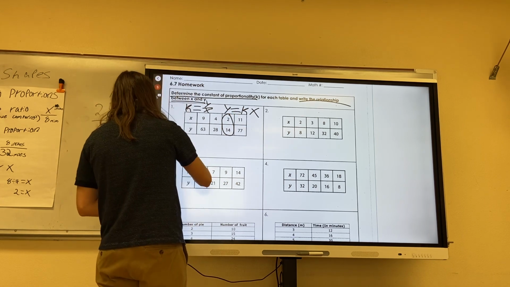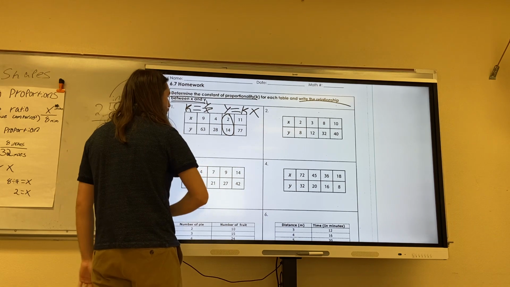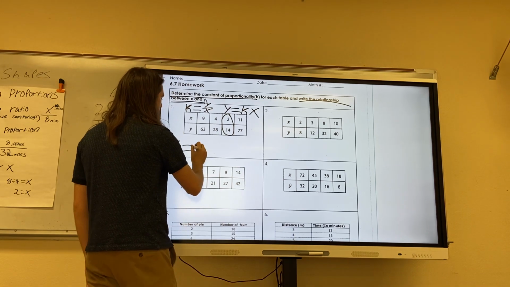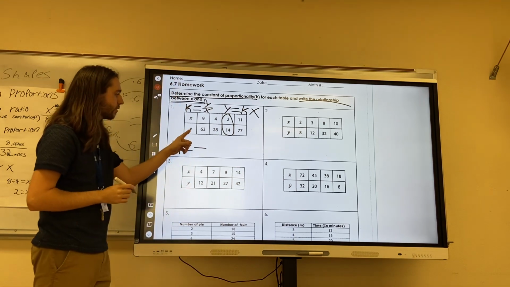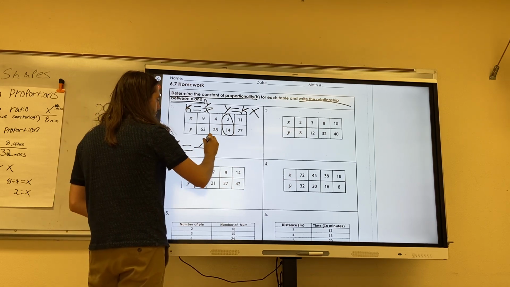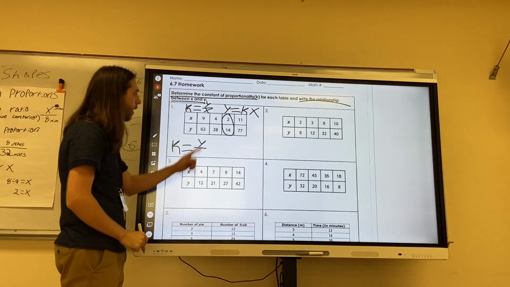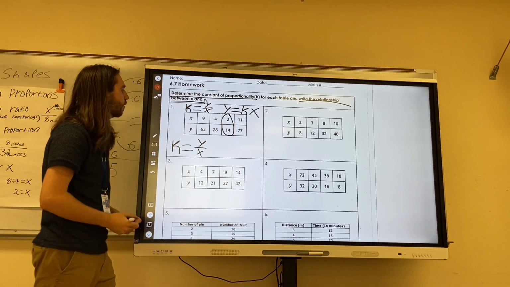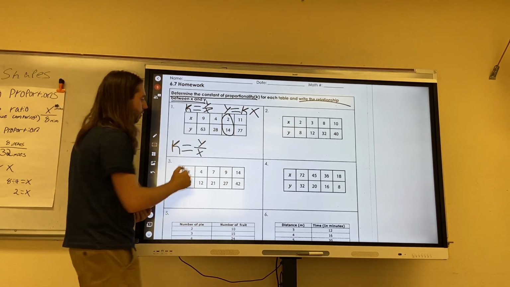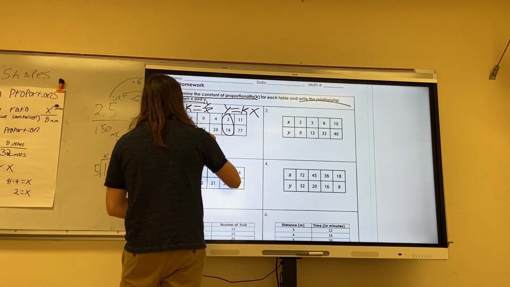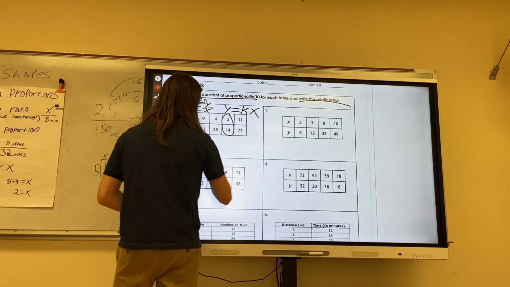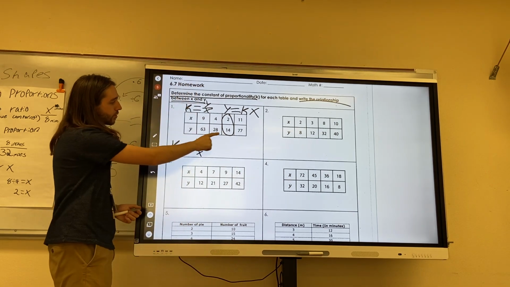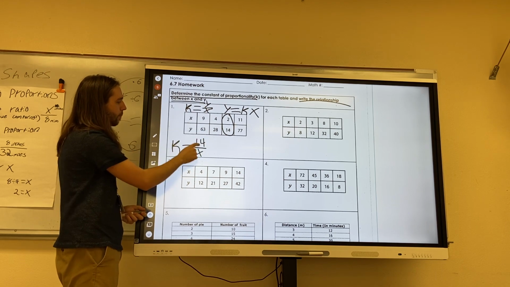So we're gonna write k equals, and then a fraction bar. And then we're gonna put our y on top, right here, and our x on the bottom, right here. So our y, we picked 14. So we're gonna erase that, put 14. Our 14 is our y value, and it's going on the top.